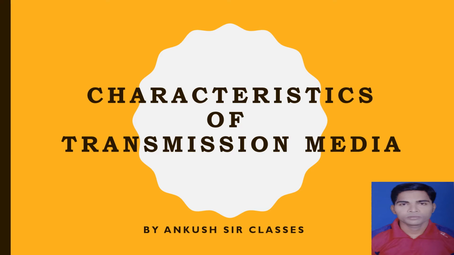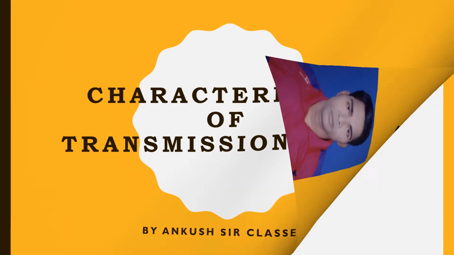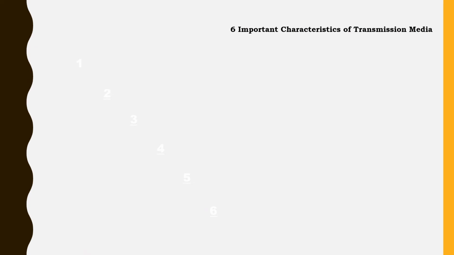Today's topic is characteristics of transmission media. Now I will explain the 6 important characteristics of transmission media in this slide. The next slide shows you the 6 basic characteristics using the slide deck PPT.